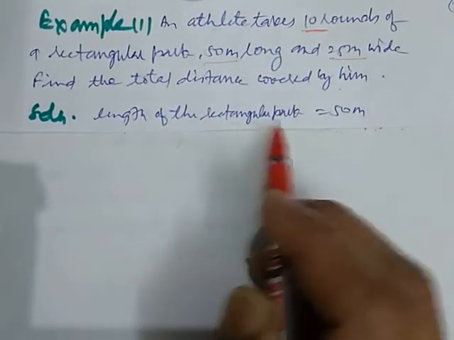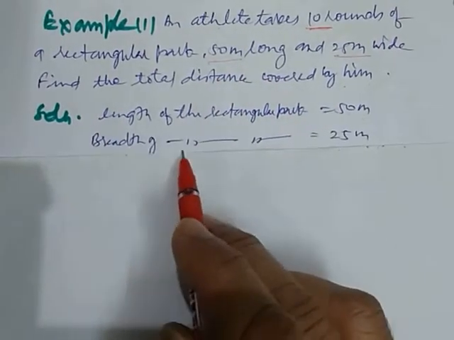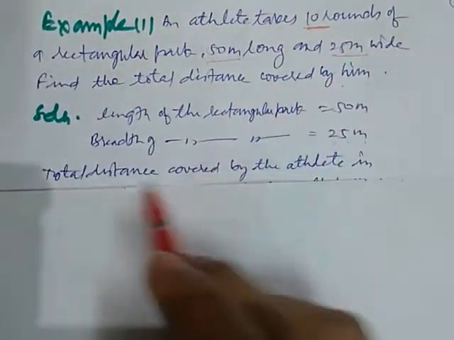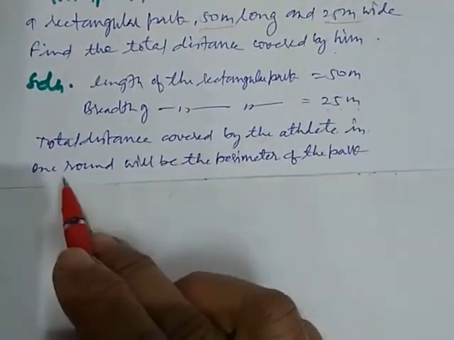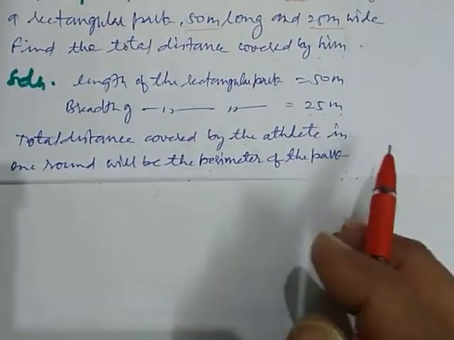The length of the rectangular park is given as 50 meter and the breadth is 25 meter. So one round will be the perimeter of the park. This is very clear.